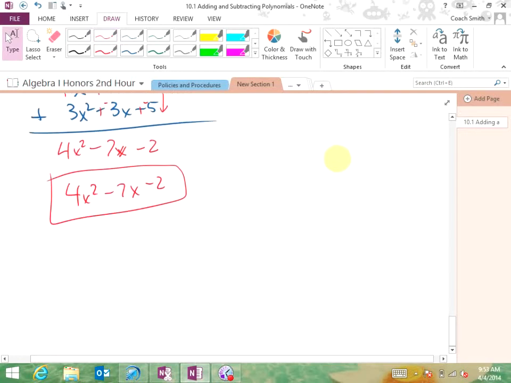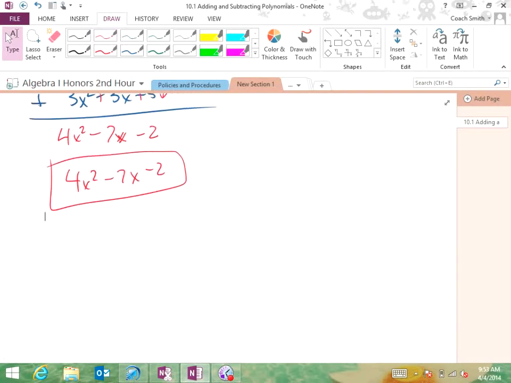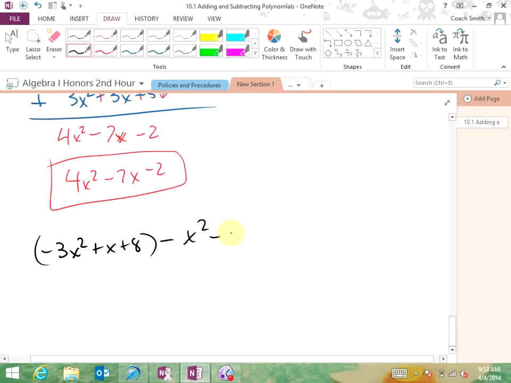Now, where most people make their mistakes is not on those. Where most people make their mistakes is when they get to subtraction. Negative 3x squared plus x plus 8 minus x squared minus 8x plus 4. And this is where people make their mistakes.